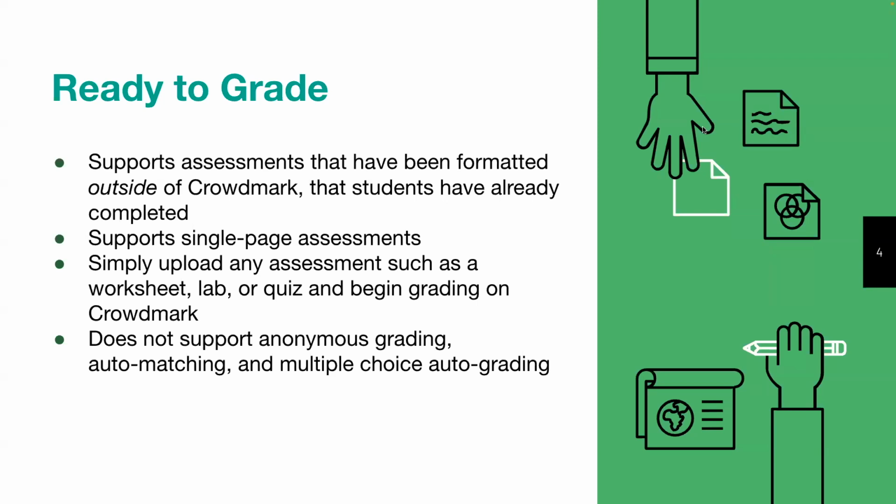The difference here is because this allows one-page assessments, you're not guaranteed anonymity. Presumably, the student will write their name on the page somewhere. And then the ready to grade doesn't offer the automated functions of matching and multiple choice bubble sheets that you can get in the non-QR coded Crowdmark booklet workflow.